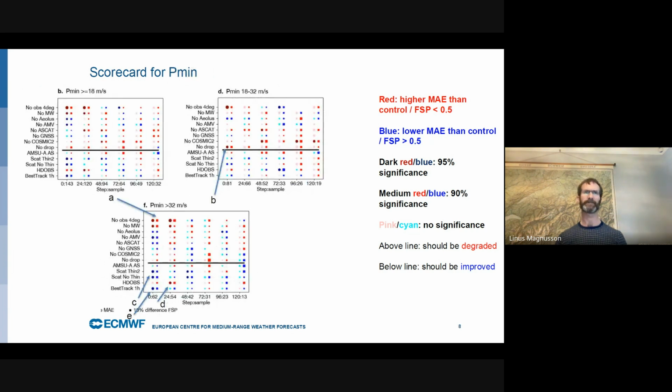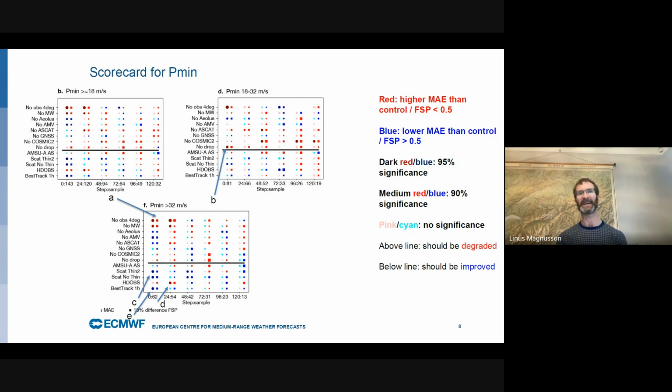Next. If we look at the same type of scorecard, but verifying the minimum pressure, we again see that removing all the data near the cyclone clearly degrades the forecast of the minimum pressure. So it seems like on average the data is doing good.